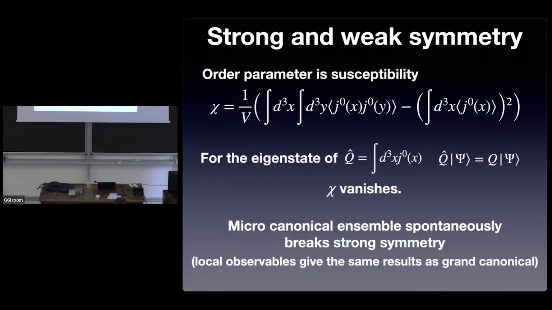If you take the volume to infinity, then that operator gives you some infinite number. So in that sense, this operator is somewhat ambiguous. This is similar to the ordinary symmetry breaking pattern, right? The ordinary symmetry breaking case also has this phenomenon.